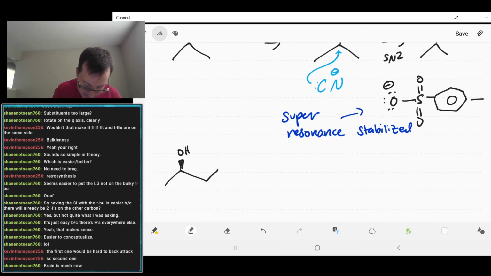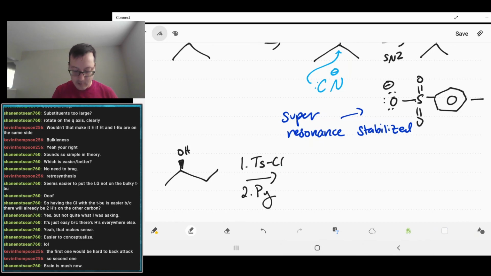Like, boom, here's our OH. Got some stereochemistry on it. If you put tosyl chloride and pyridine in there, you end up with this OTs.